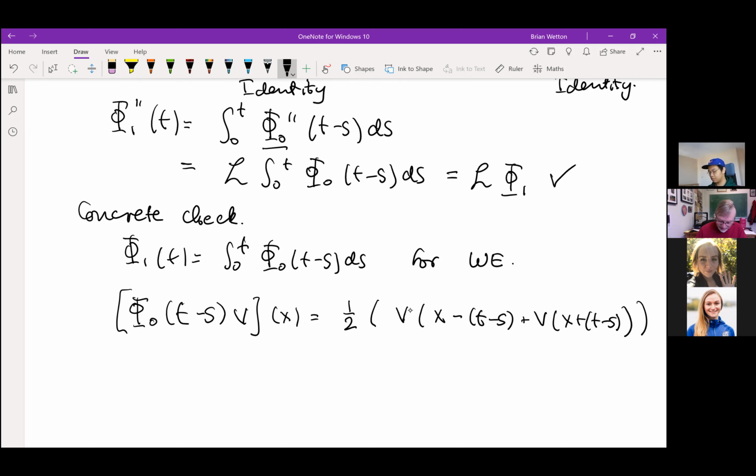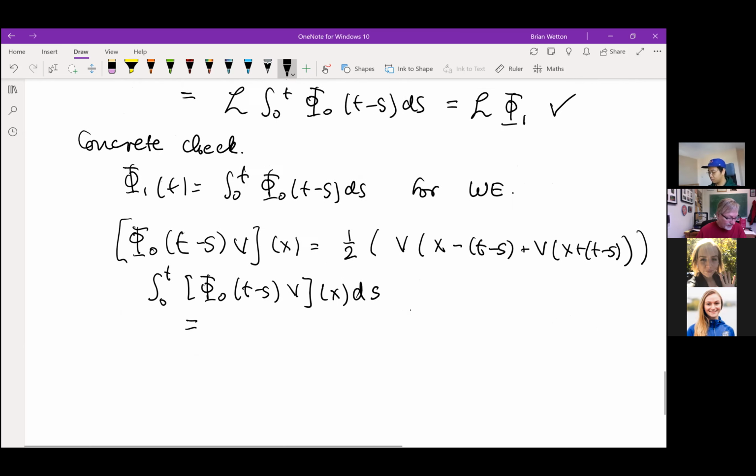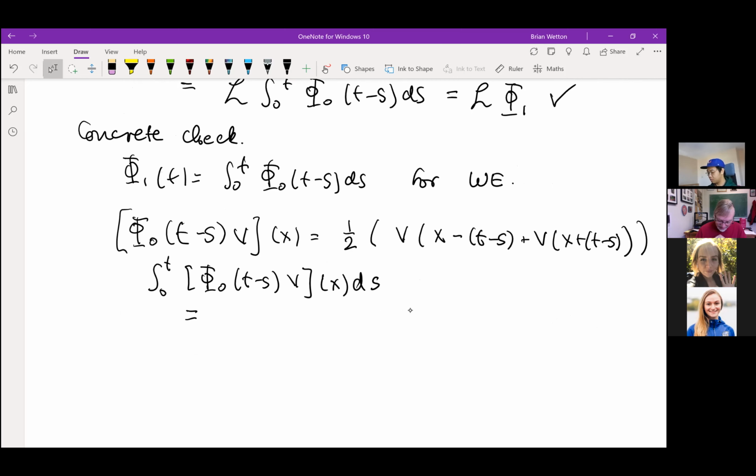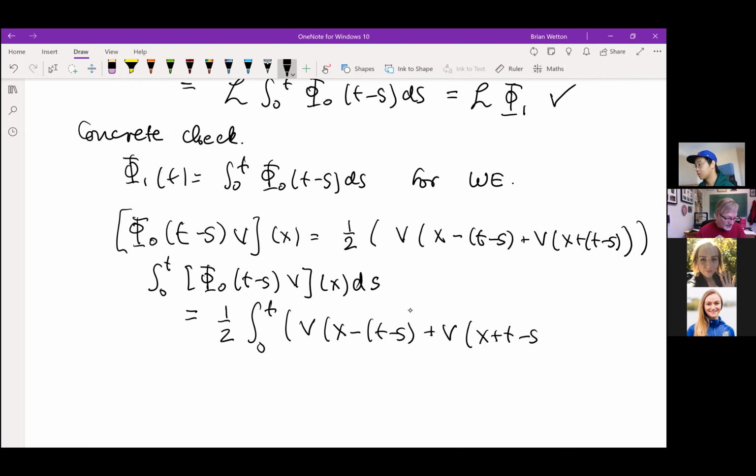And so if I integrate that, I get 1/2 the integral from 0 to t of v of x minus t minus s plus v of x plus t minus s.